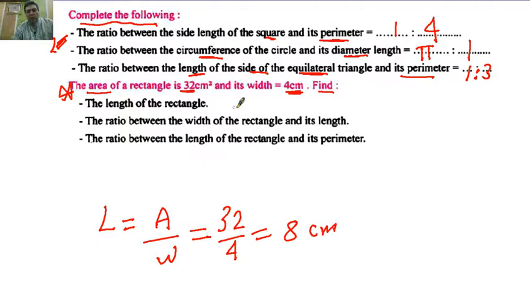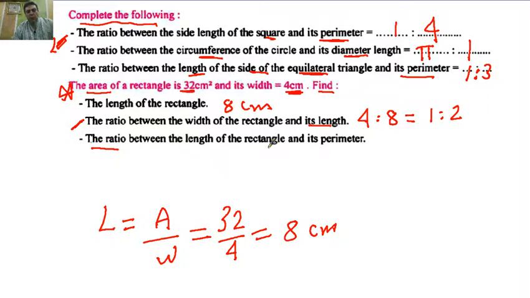That's the length of the rectangle. Number 1. Number 2: the ratio between the width of the rectangle and its length. Width equals 4, length equals 8. 4 to 8 equals 1 to 2, or 1 over 2.